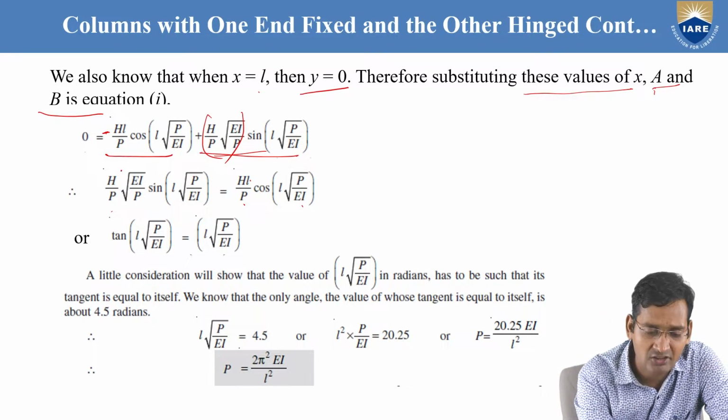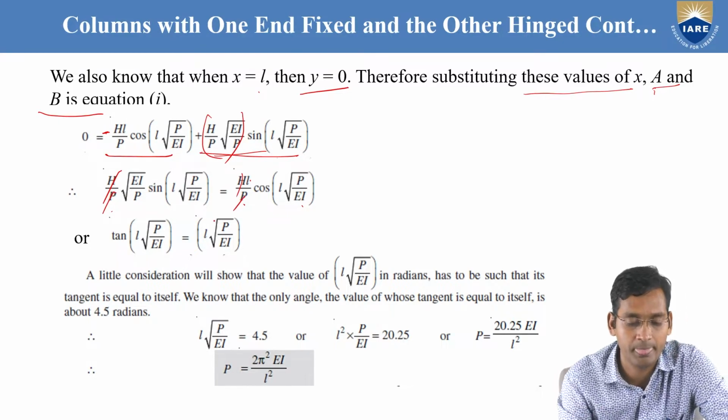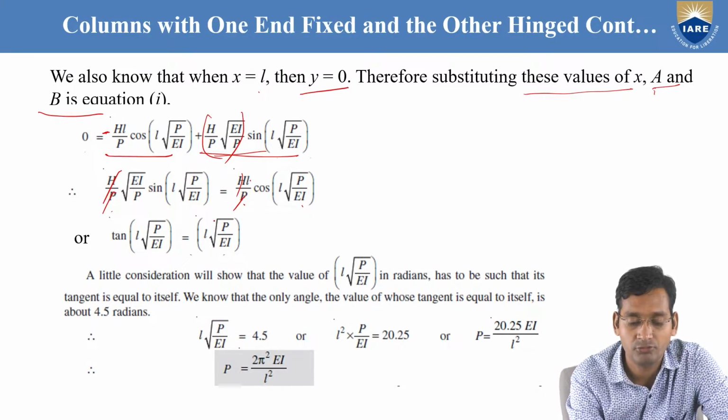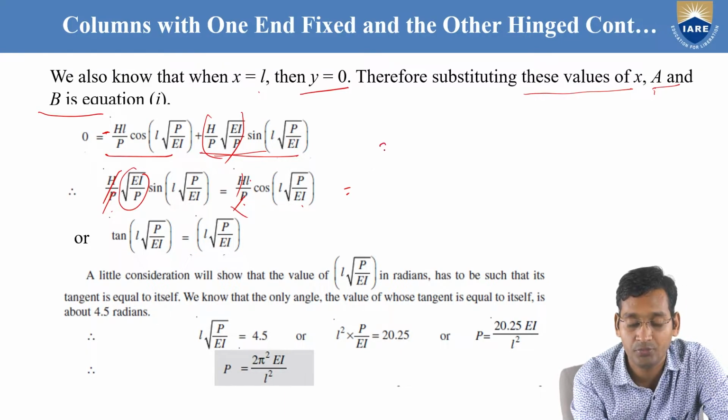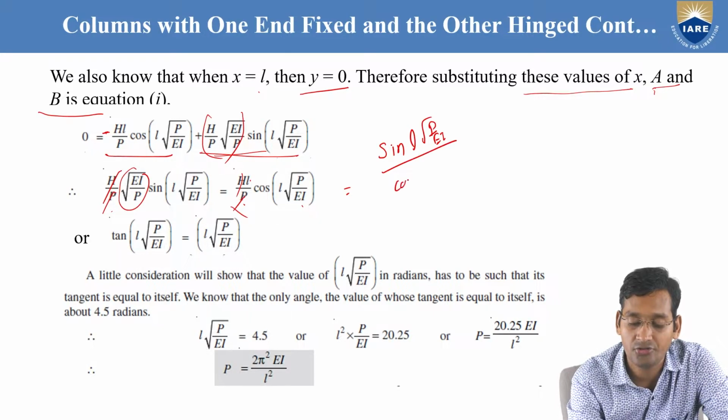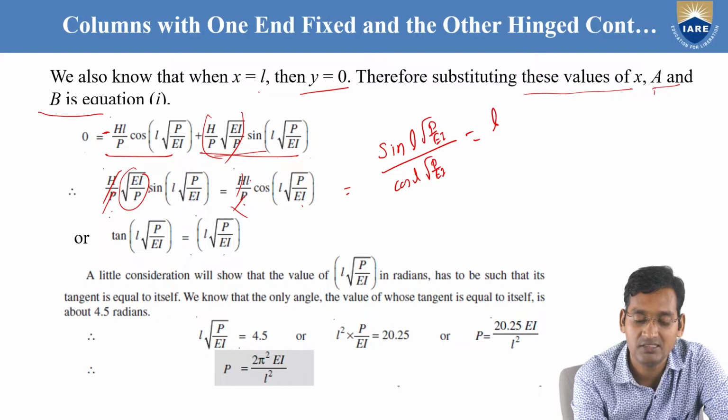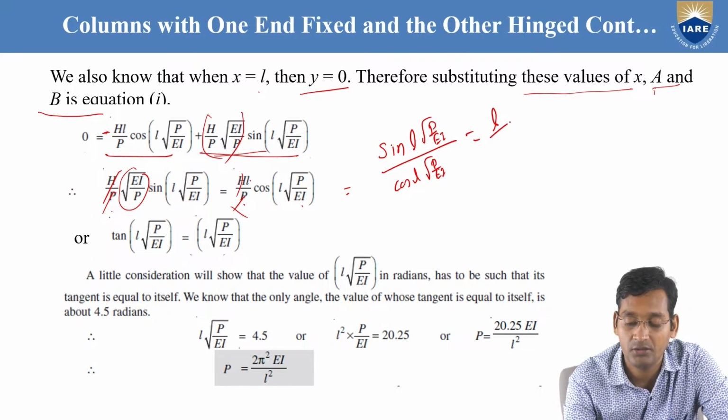Now h by p we can cancel. Now what is left? Taking sin on one side and cos on the other, sin L root p by EI divided by cos L root p by EI equals, L was left here and this term root EI by p, so L divided by root EI by p.